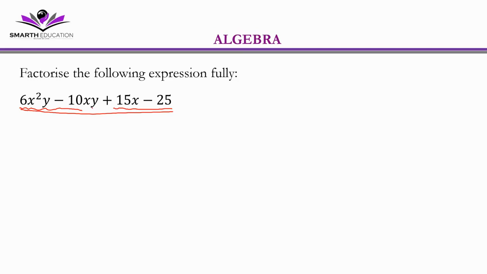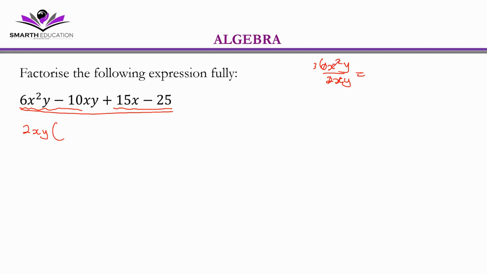So if we check the first pair, the highest common factor there is 2xy. So we factor out 2xy. And then if we say 6x squared y divided by 2xy, we get 3.